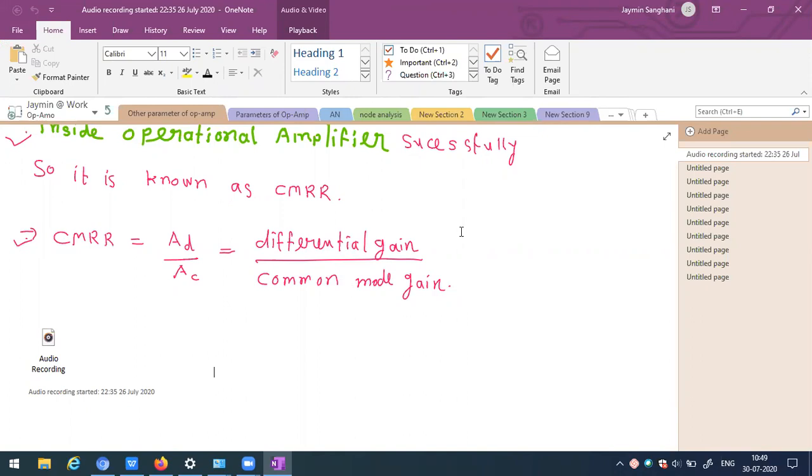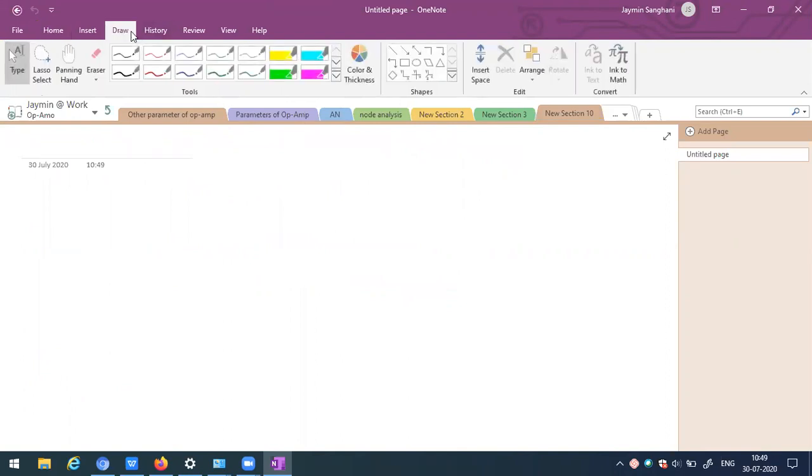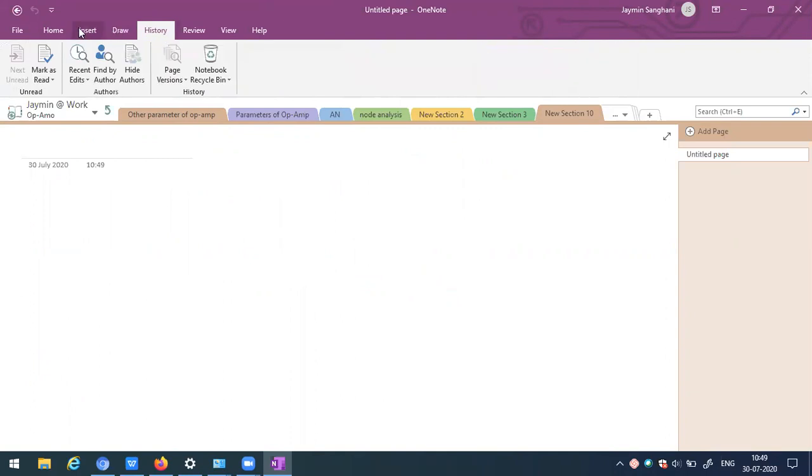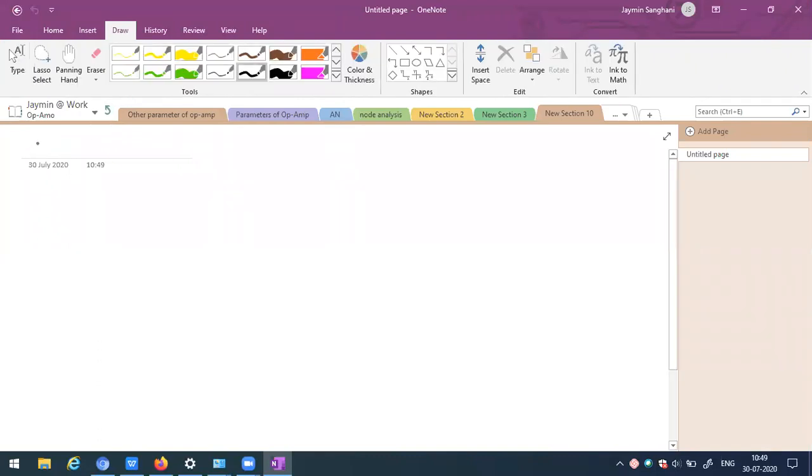Now see here, octal number system. What are the fundamental features of the octal number system?